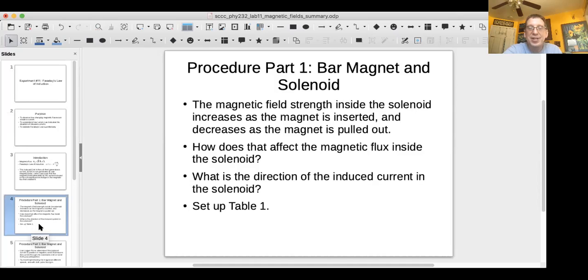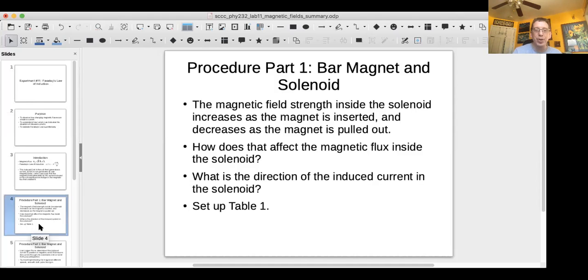As you insert the bar magnet into the solenoid, the magnetic field strength within the solenoid is going to increase, and the magnitude of the magnetic flux is going to increase as well. But then as you pull the magnet out, the magnitude of the magnetic flux is going to decrease. So how does that affect the magnetic flux, and what is the direction of the induced current in the solenoid? You're going to try to observe that and explain why using Lenz's law.